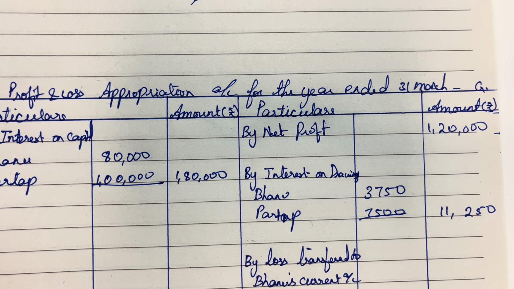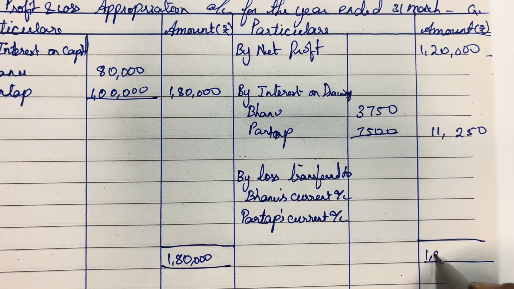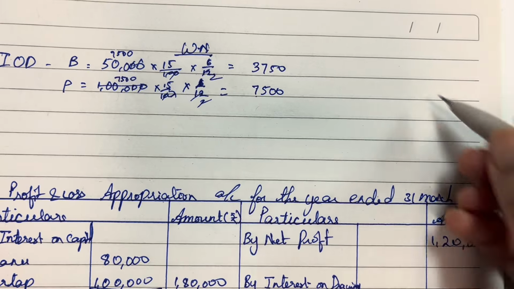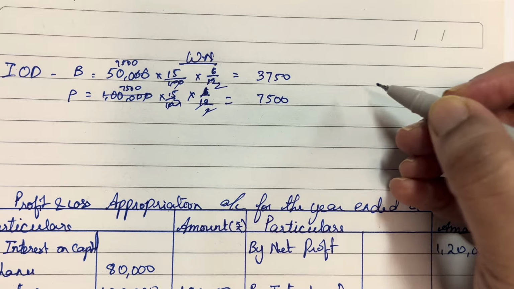Now we'll close down the accounts. 1,80,000 on both the sides. Now we'll go to the working notes and then we'll check how much is the loss that is to be transferred.